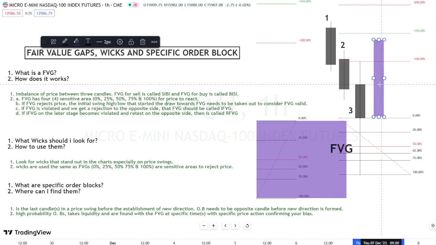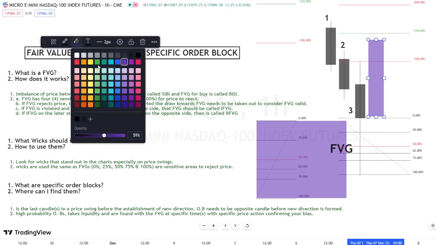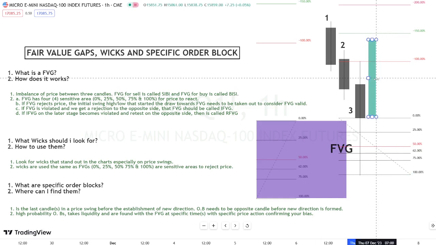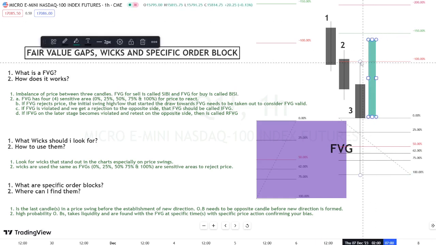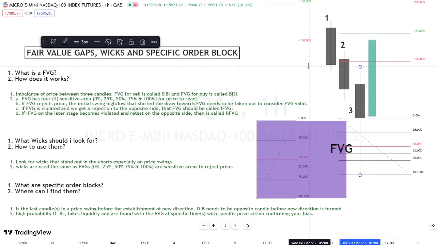Okay, let's say I have this price now as a green price moving up. You just close this here, and then I have another one.